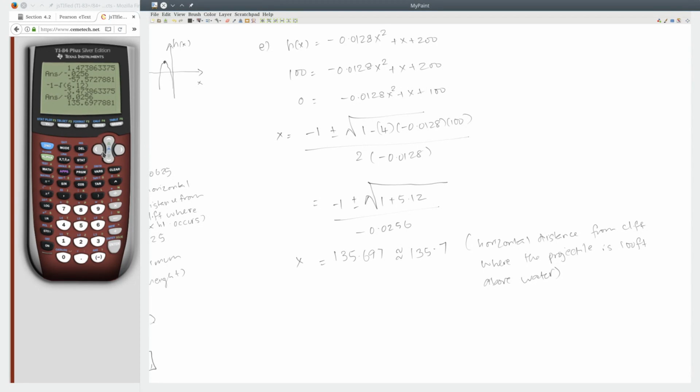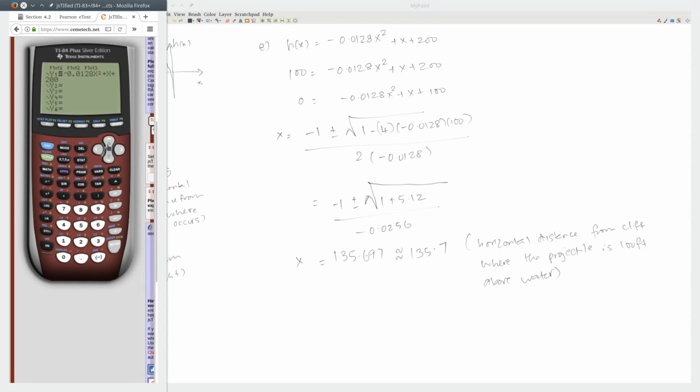We could verify this by going back to our original function here, just making a slight change. 200 becomes 100 in this problem. We could hit graph again, and we're looking for the place where the projectile is 100 feet above water. Again, in this case we are setting equal to 0, so we're looking for the 0.